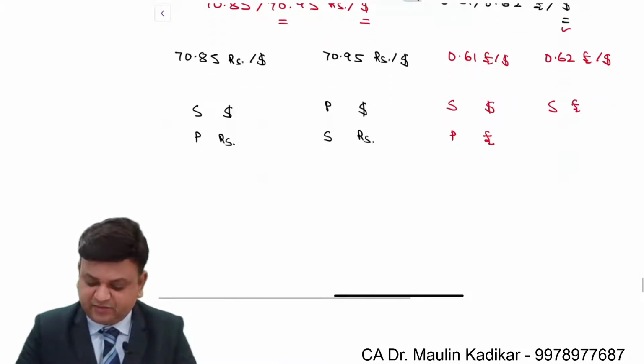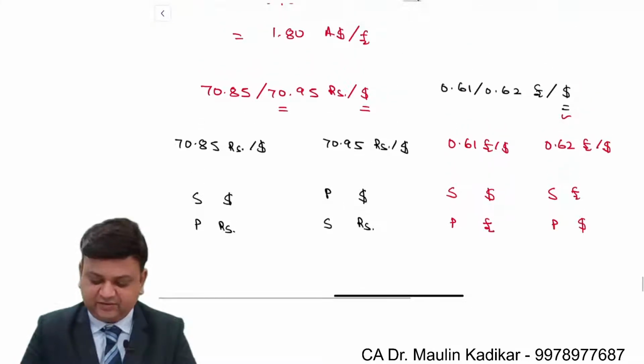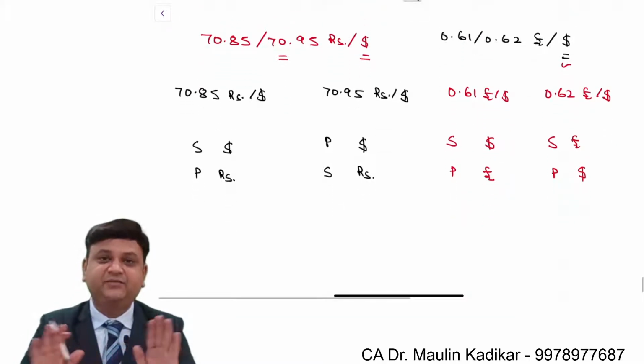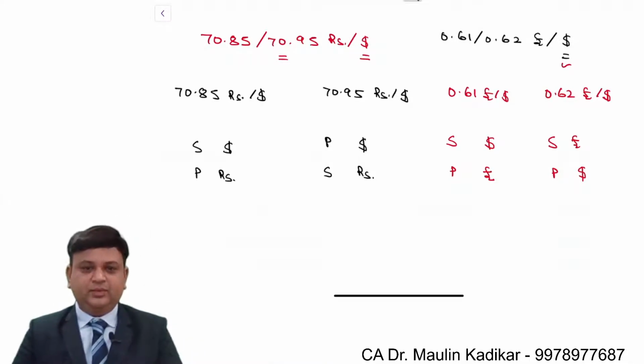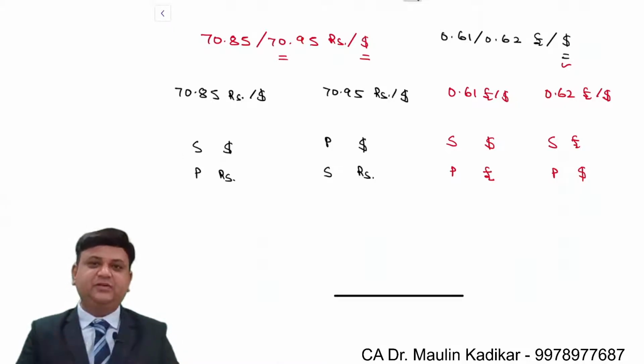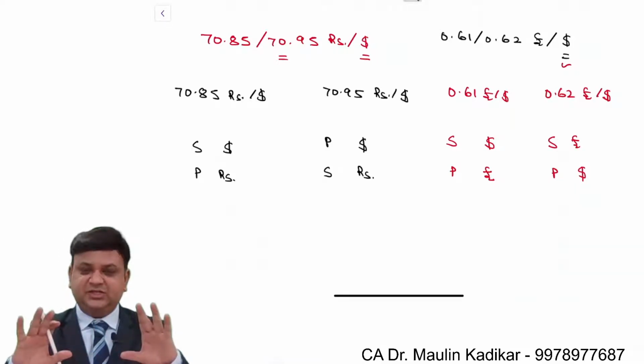So it is sell of pound and purchase of dollar. This is the exchange rate bifurcation. At this point we have only done a bifurcation of the exchange rate. Yet to understand the question, yet to understand execution of the answer, everything is pending.